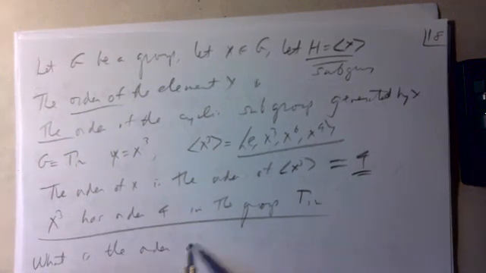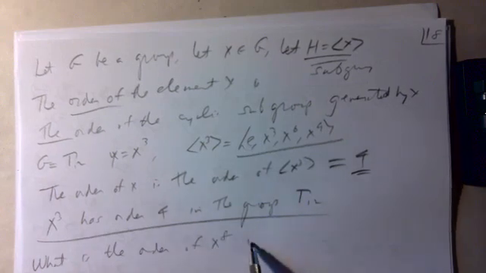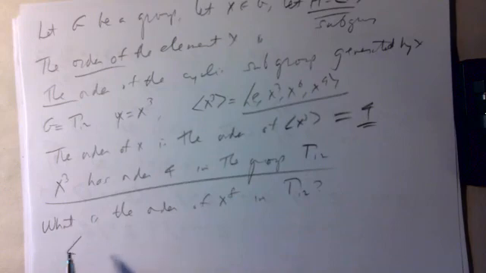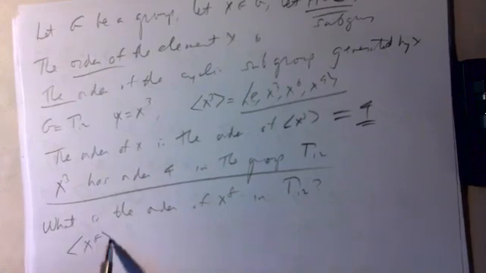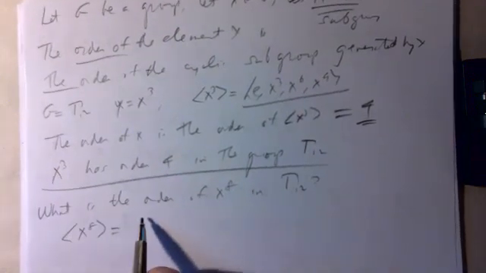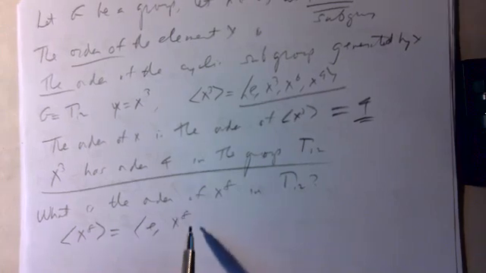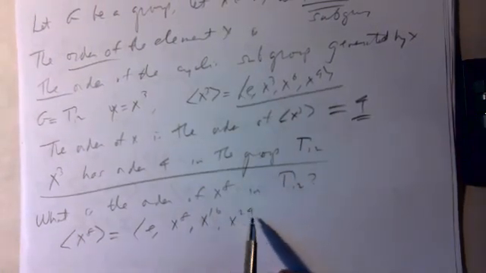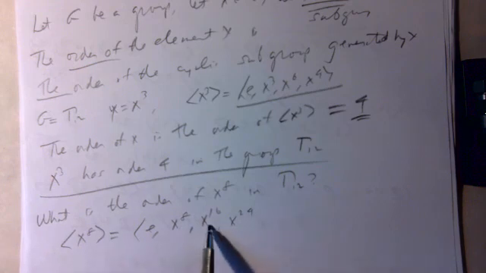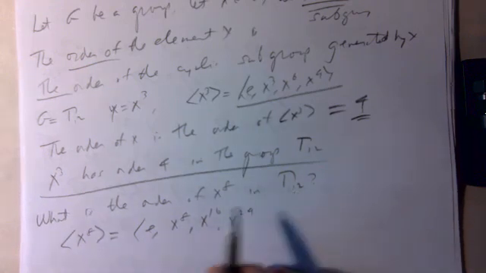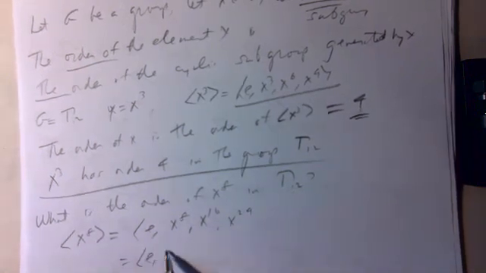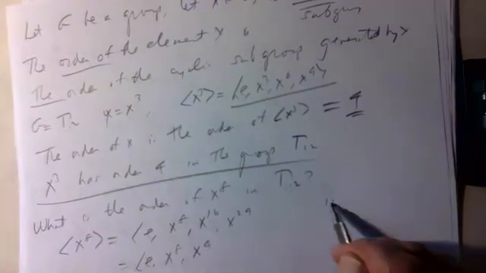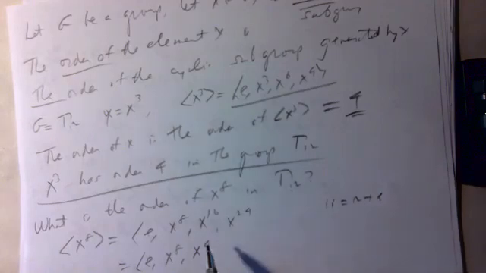What is the order of X to the 8th in the group gamma 12? So what is the subgroup generated by X to the 8th? It's all powers of X to the 8th. E, X to the 8th, X to the 16th, X to the 24th. But of course, what is X to the 16th? In the group gamma 12, X to the 16th is X to the 4, because 16 is 12 plus 4.